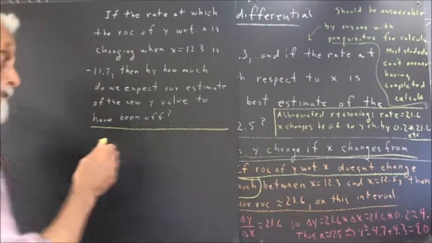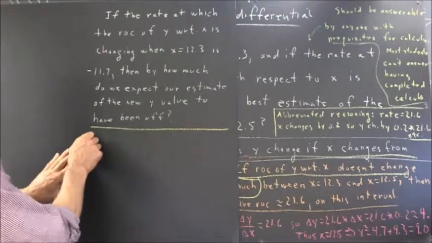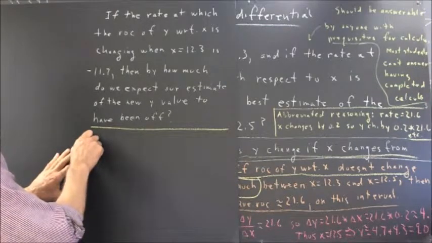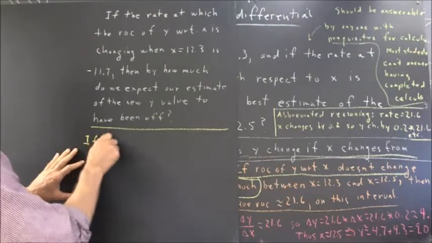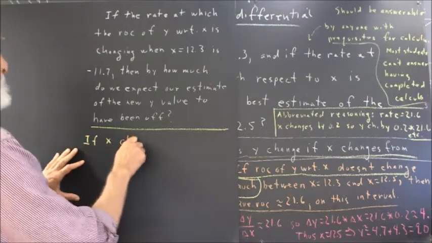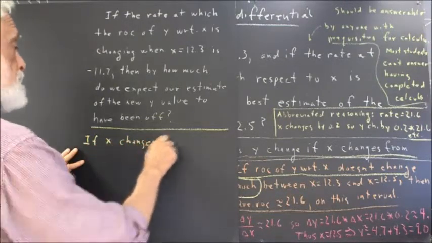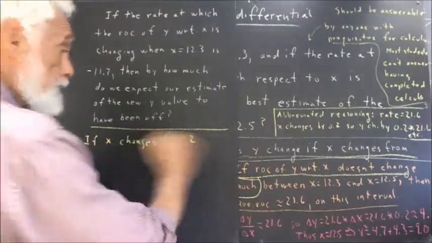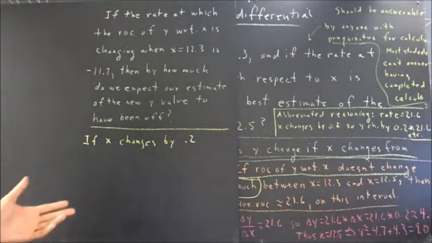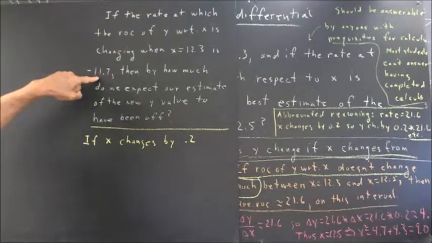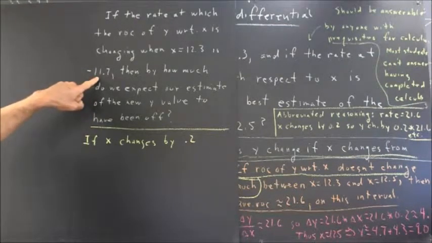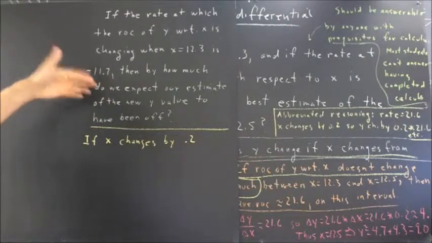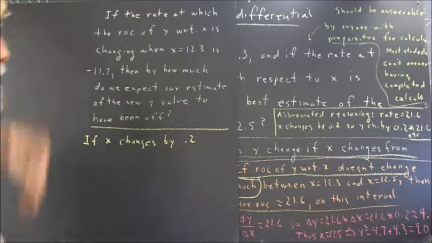Okay, well, if x changes by 0.2, which it does, then this rate of change is going to indicate a change of 0.2 times negative 11.7, about negative 2.